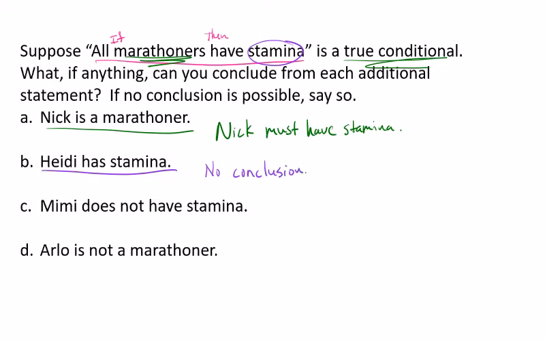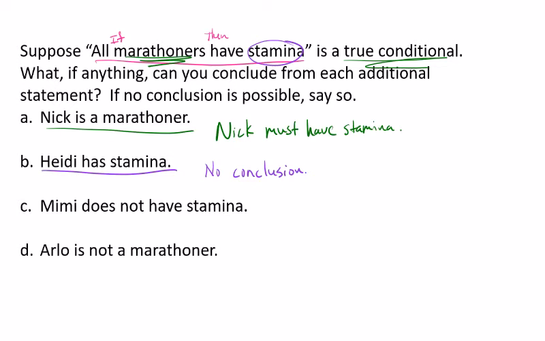So if you know the conclusion of a conditional statement, you cannot assume that the hypothesis is true. Now, the other way around, if you know the hypothesis of a true conditional, then you can assume that the conclusion is true.